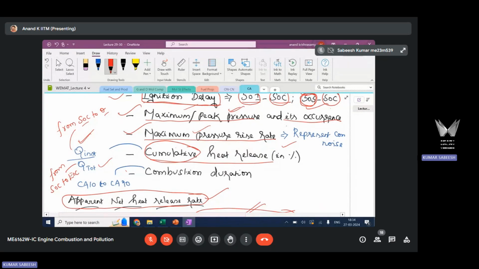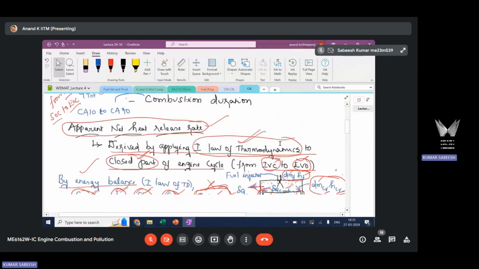That's the total heat release during the combustion period. So total heat release is you are summing up all the instantaneous heat release values from the instant at which the combustion gets started to the instant at which the combustion is over. That's the total value. In the numerator you have the instantaneous value, from start of combustion to any crank angle. The ratio of these two is cumulative heat release in percentage.